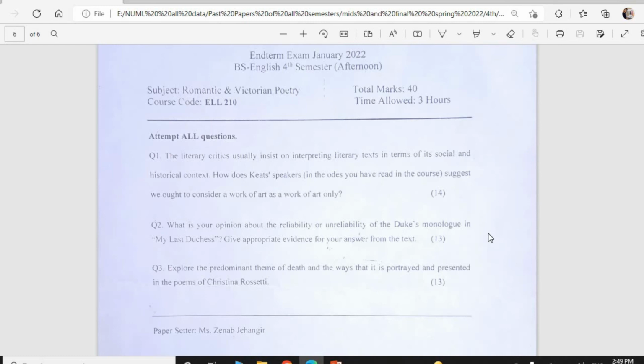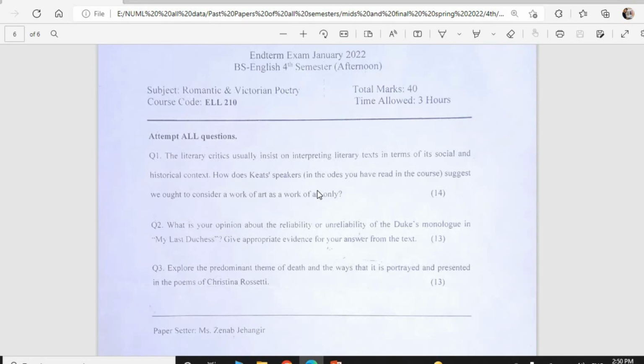After reading John Keats' poems, Ode on a Grecian Urn or Ode to a Nightingale, Keats' theory of negative capability, you can apply it there, you can relate it there. I have explained that topic, Keats' negative capability, in a video as well.